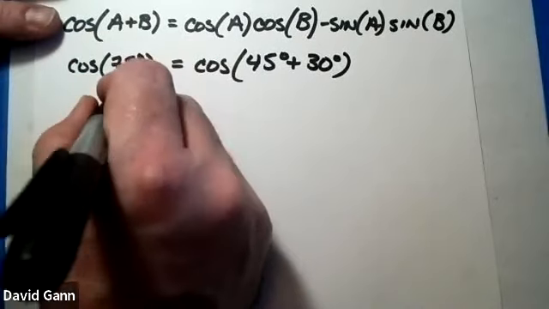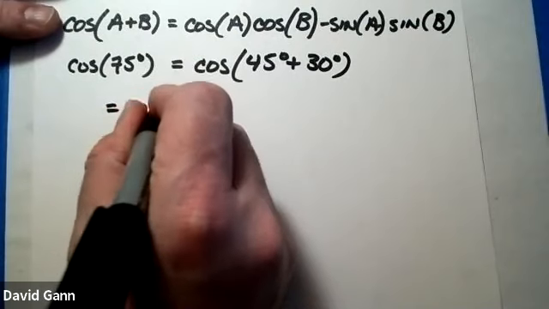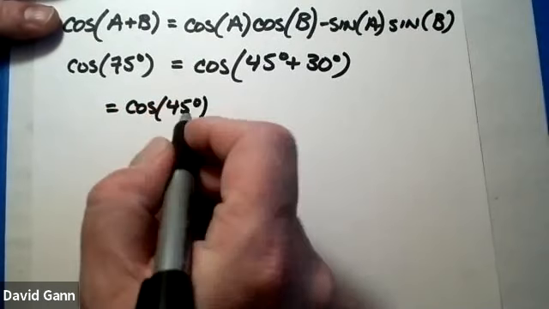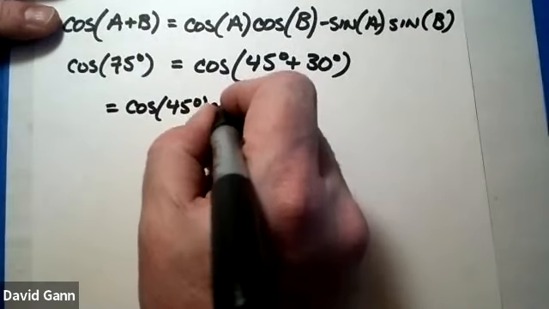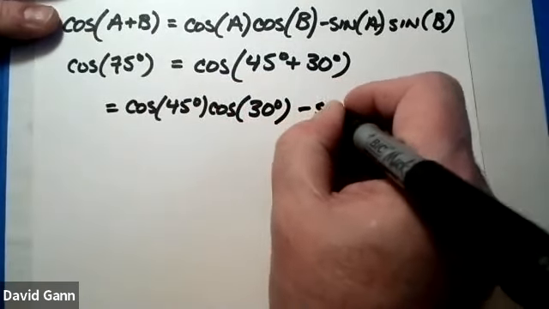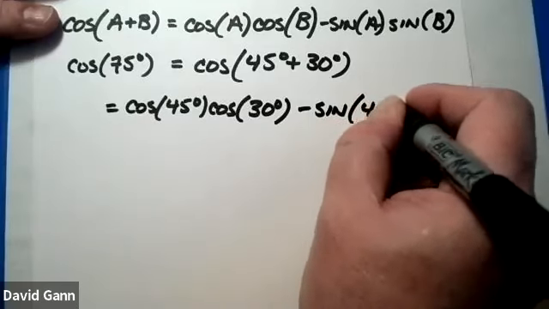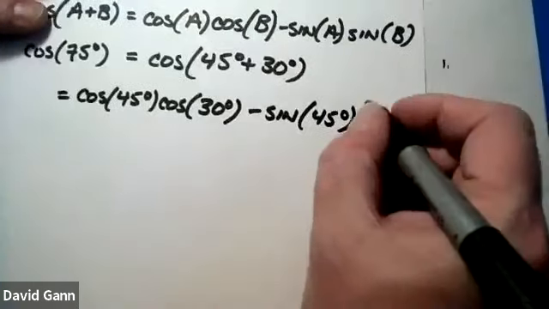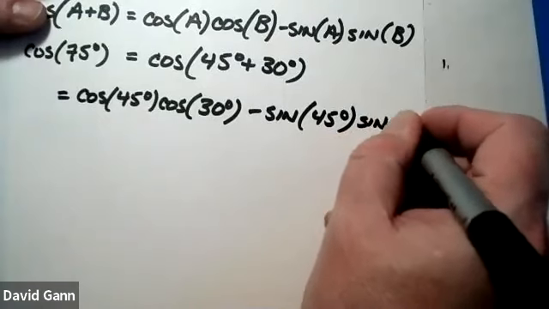So we'll have the cosine of 45 degrees, that's the first term, times the cosine of 30 degrees minus the sine of the first term, which is 45 degrees, times the sine of 30 degrees.